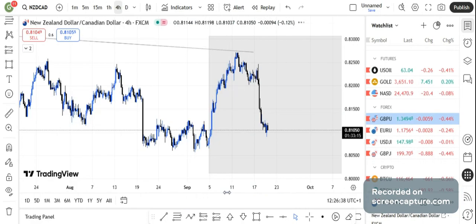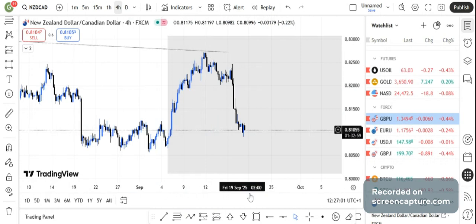This is it right here. Price was bullish on the 4 hour time frame, and unfortunately, price went down, going bearish. Can you see? Now that we're on the 4 hour time frame, what do we do?